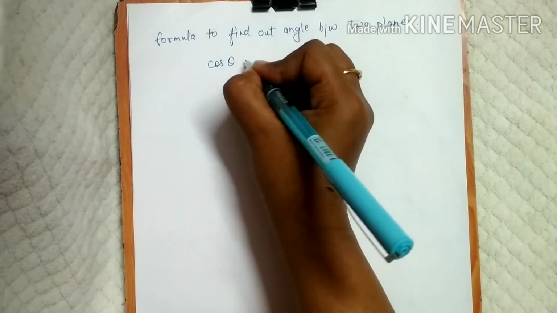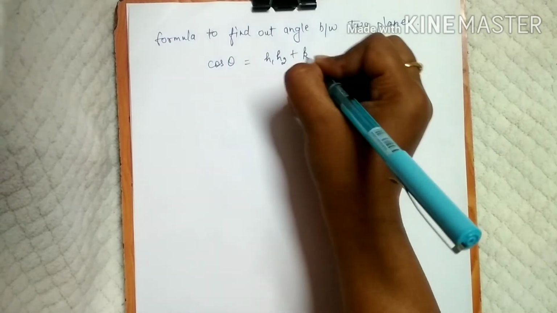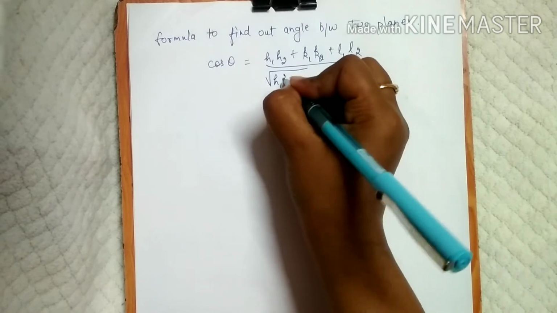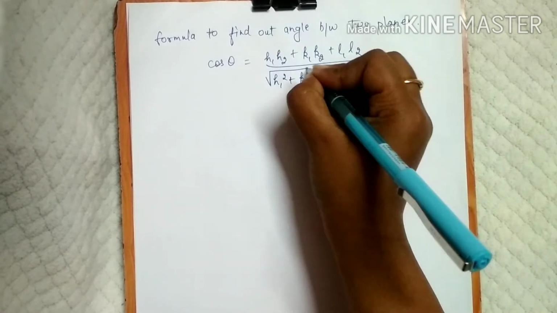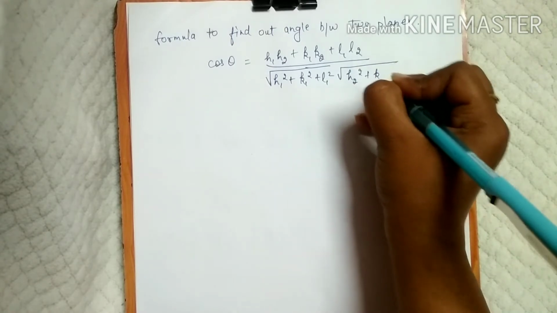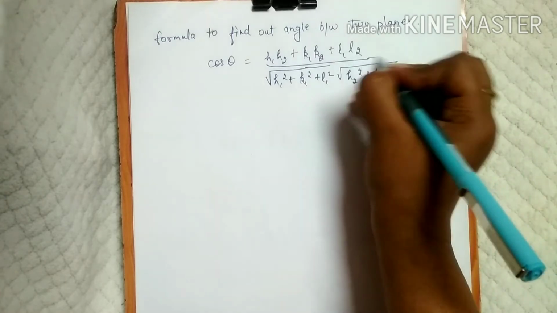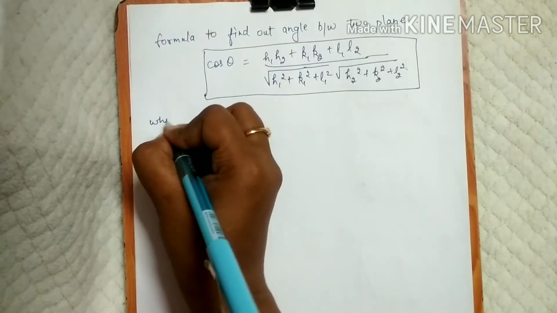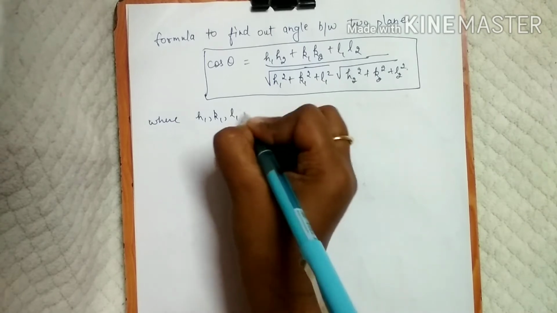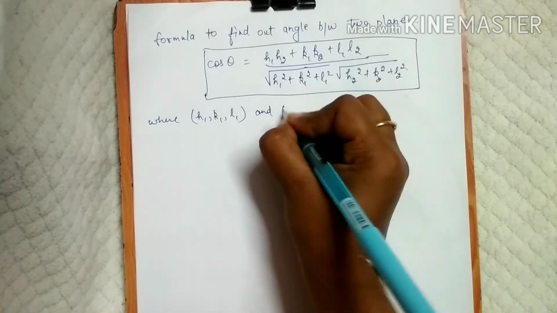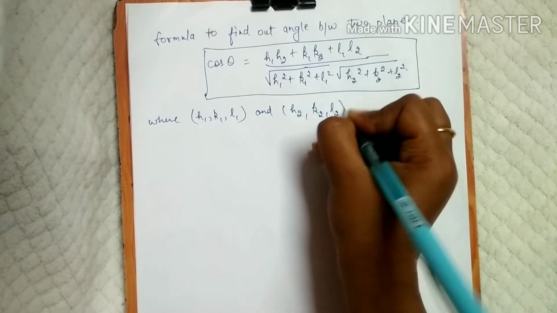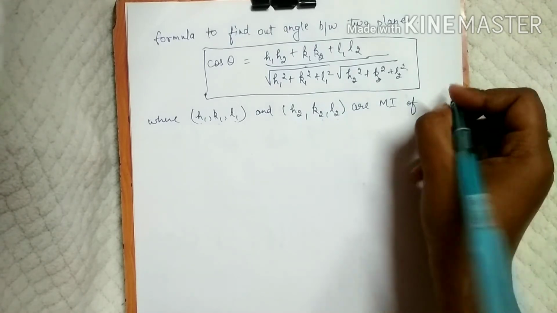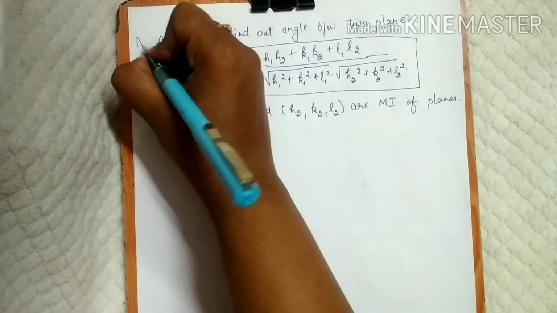The formula is cos theta equals h1 h2 plus k1 k2 plus l1 l2, upon the square root of h1 square plus k1 square plus l1 square, times the square root of h2 square plus k2 square plus l2 square, where h1 k1 l1 and h2 k2 l2 are the Miller indices of the corresponding planes. So this is the formula.